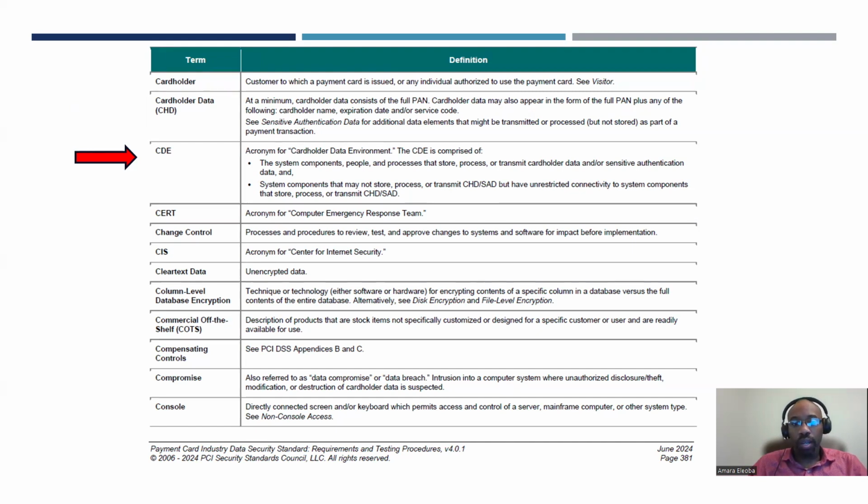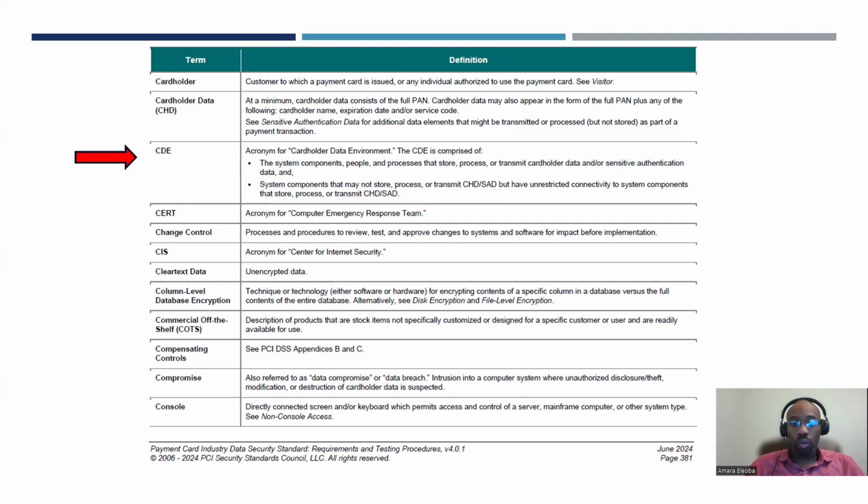And the cardholder data environment comprises of people, processes, system components that store, process, or transmit cardholder data and or sensitive authentication data.